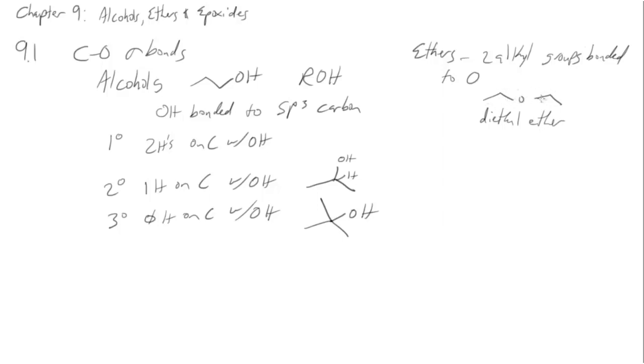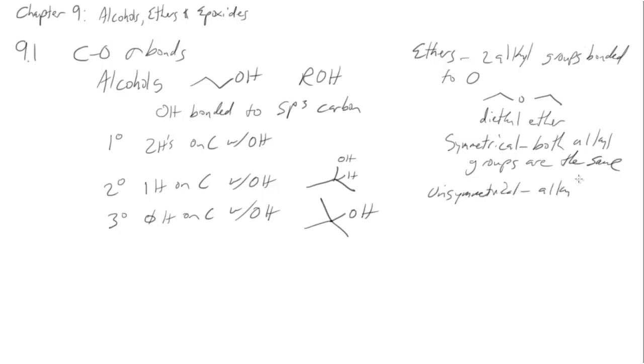On one side there's a carbon group, on the other side there's a carbon group. We can have symmetrical ethers, where both alkyl groups are the same. And we can have unsymmetrical ethers, where the alkyl groups are different. For that you could have something like methyl on one side and ethyl on the other, ethyl methyl ether.